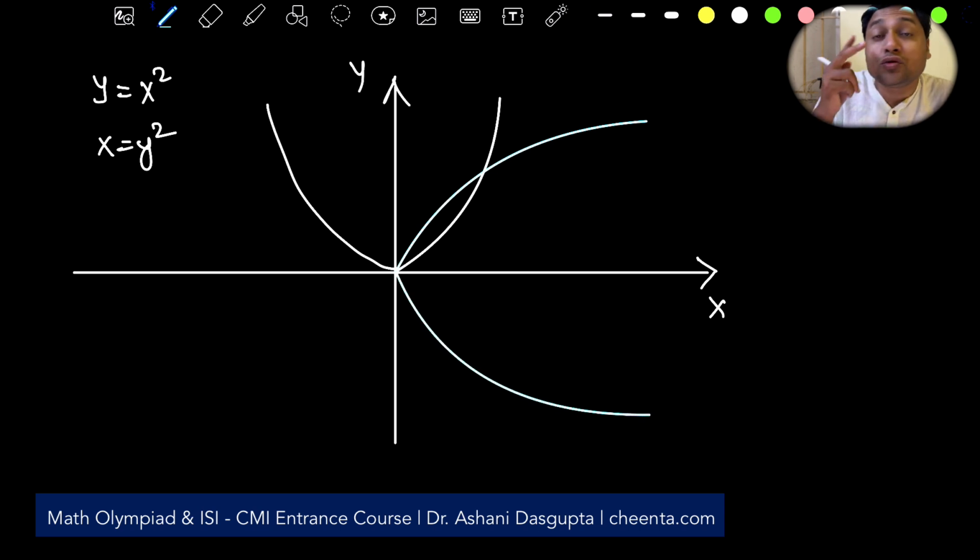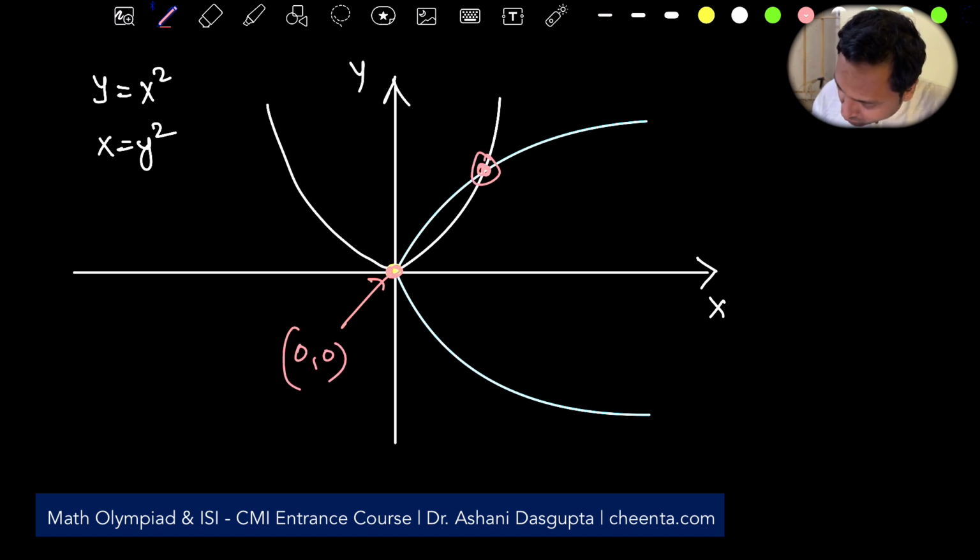Now notice there are 2 points of intersection, which are 0, 0 here, and again this one, 1, 1. You can do this by inspection, or you can just plug it into the function that you have. So you will see if you plug in x equal to 0, y equal to 0, it will satisfy.